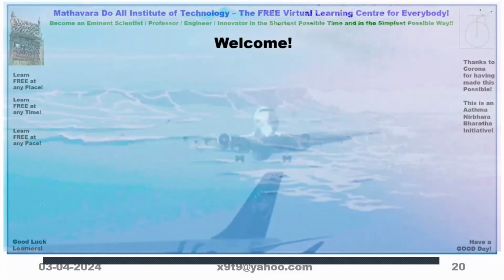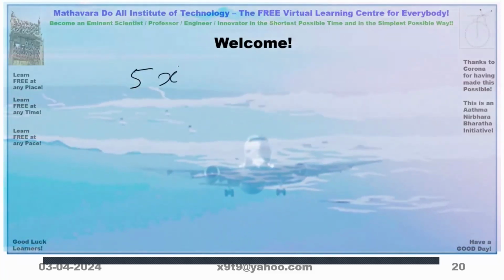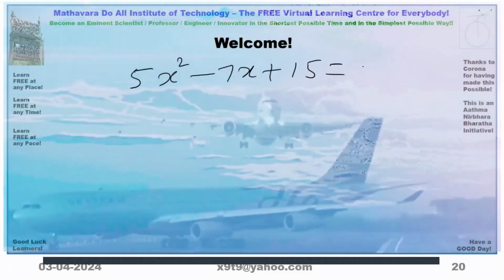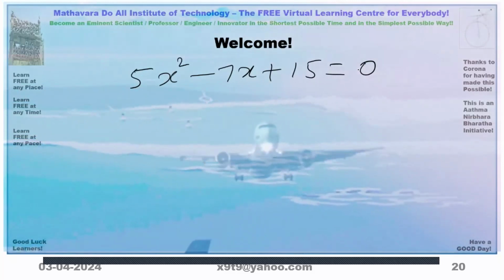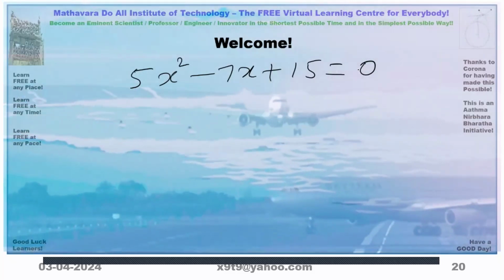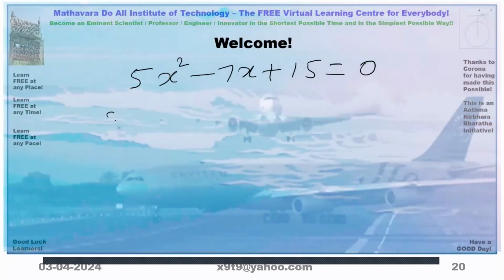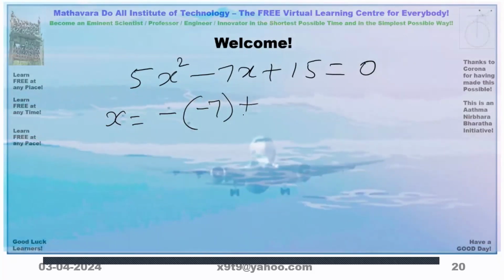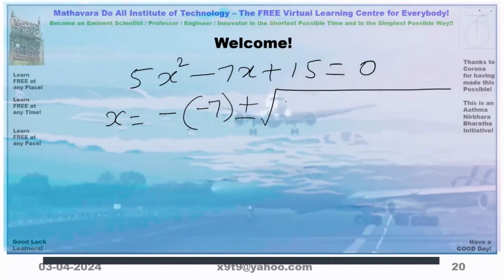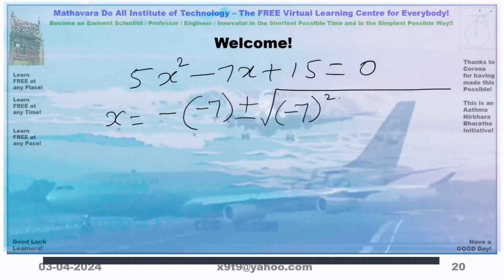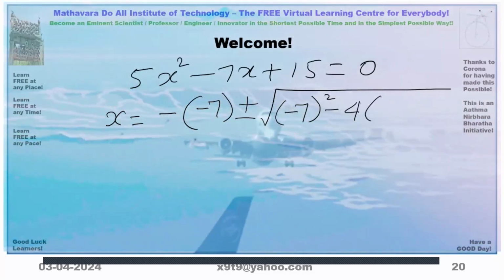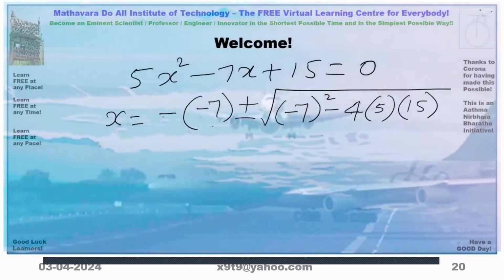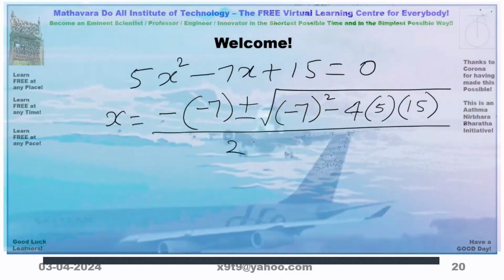So even if a problem like this, 5x square minus 7x plus 15 equal to 0, you can work out. No problem. Whatever comes, you can write. Only three forms of results will come. So x is equal to minus b, it is minus of minus 7, plus minus square root of b square, which is minus 7 square, minus 4 into a, a is 5 here, c is 15, divided by 2 into a, 5.